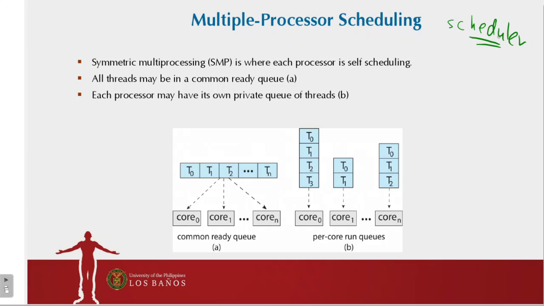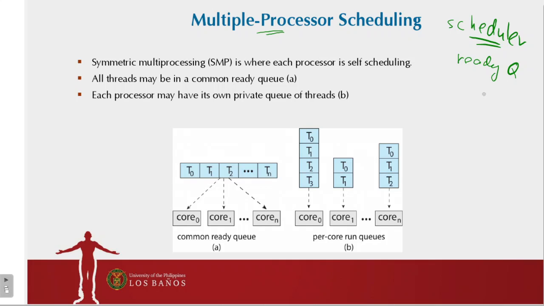To accomplish its task, it maintains a ready queue or run queue, which contains a list of processes that are ready to run. In multiprocessor systems, there are two ways to do that.